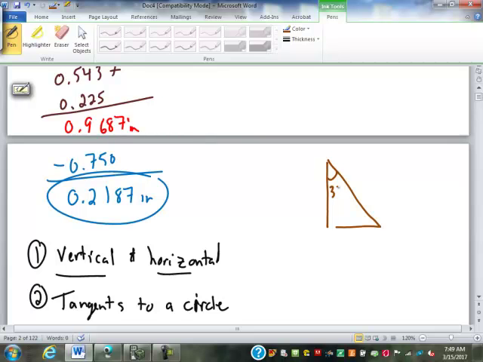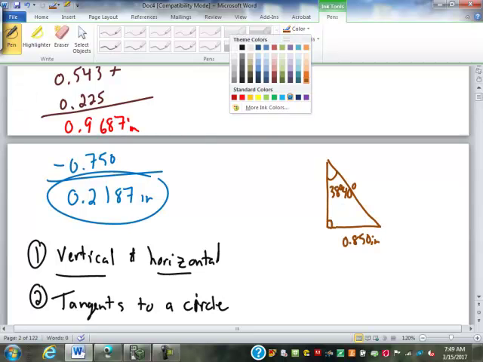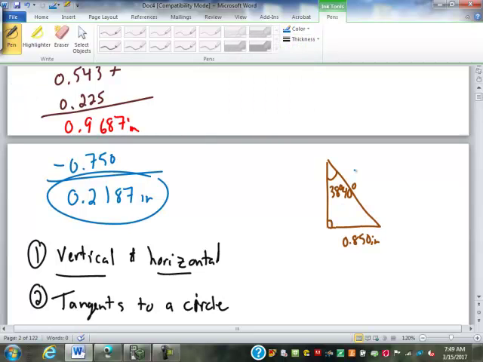So, 38 degrees, 40 minutes, 0.850 inches. What we were looking for there was that dimension x that was over here. To find it, we would need to know how much to subtract off for this. So that is this side right here.